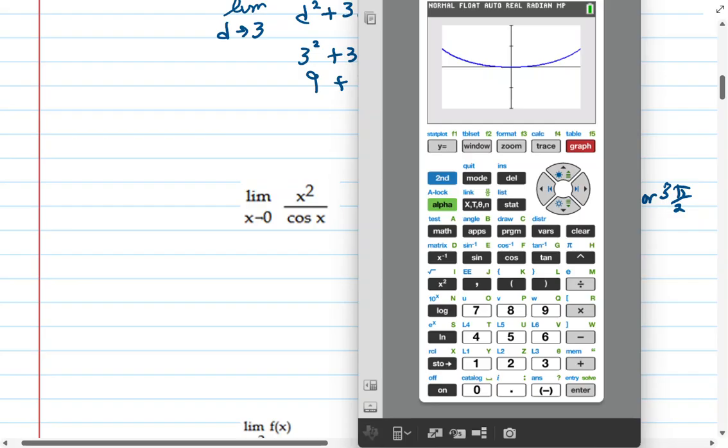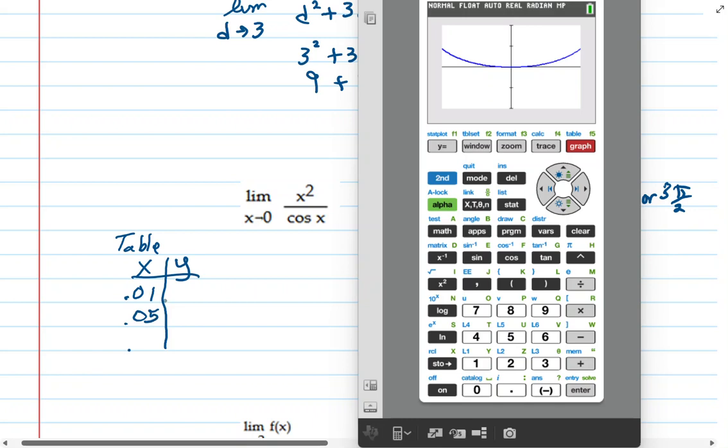So in this case, we're going to do a table, and we're going to go a little bit to the left of that 0. So we're talking radians, so we can put decimals.